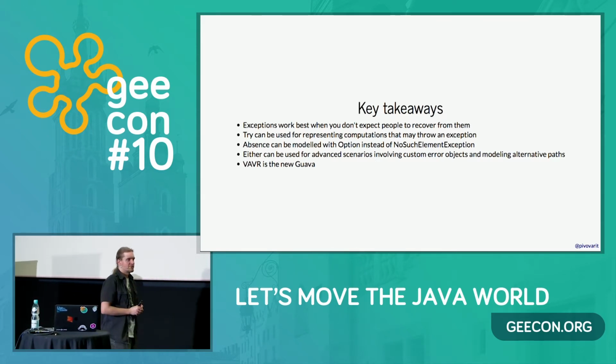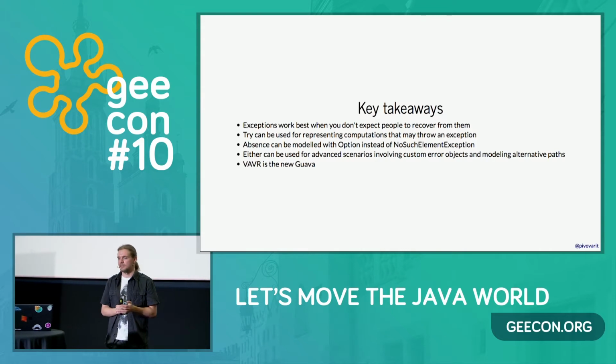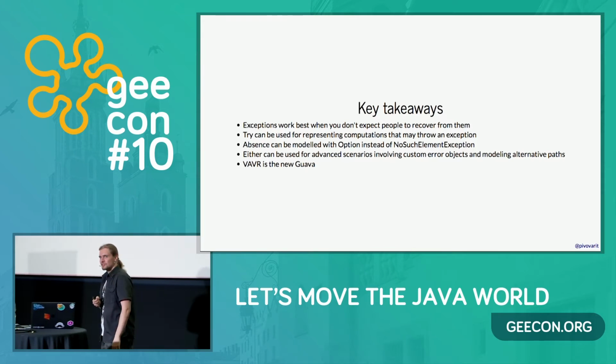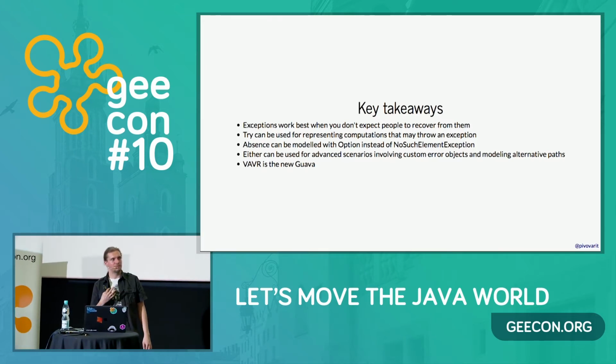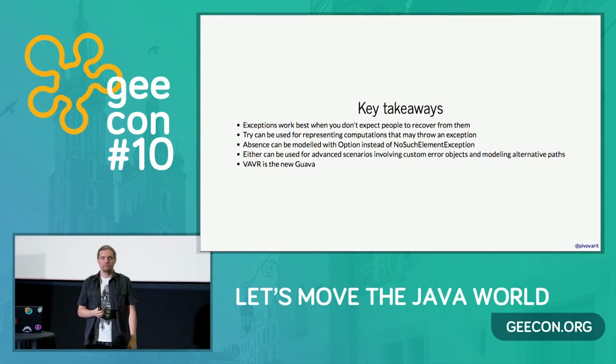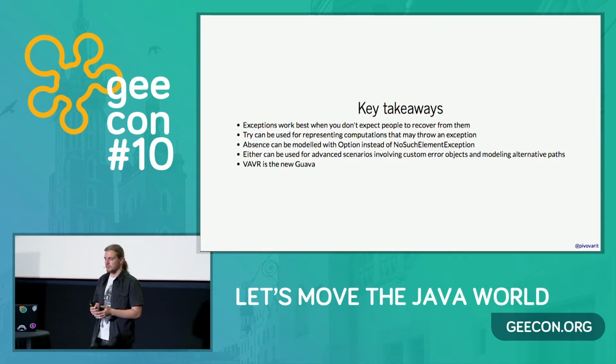Another thing I would like you to remember is that there is a library called Vavr that brings a lot of functional goodies to Java. What's really cool to see is that when this library was introduced 4 years ago, everything was super fresh and super necessary.